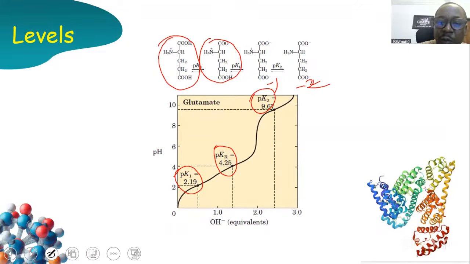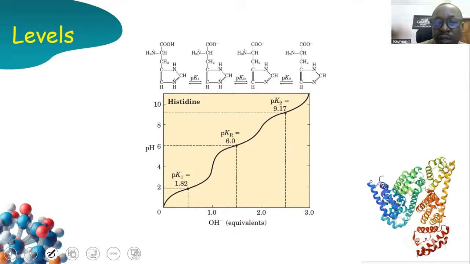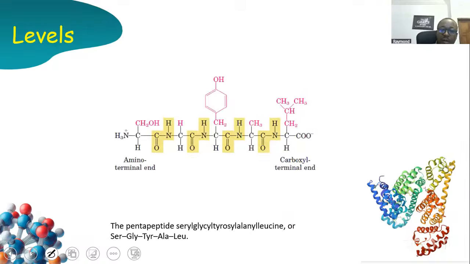While we progress, for the next one, the same thing happens with histidine, just the same nature. Then we can look at this protein here. This protein is made of a peptide made up of 5 amino acids.